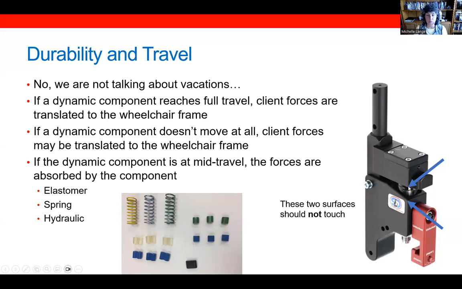If this elastomer perhaps is much too firm for the client and doesn't move at all in response to their forces, then again, client forces could conceivably be translated to the frame. But if the dynamic component's kind of mid-travel, whether it's an elastomer, a spring, a hydraulic, then the forces are appropriately absorbed by the component.